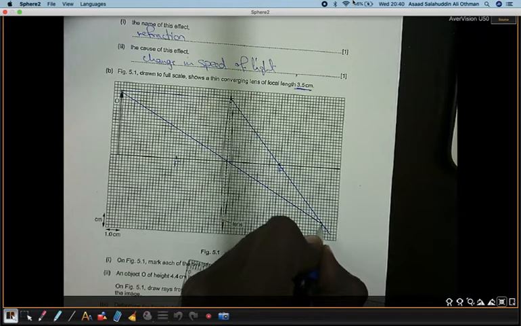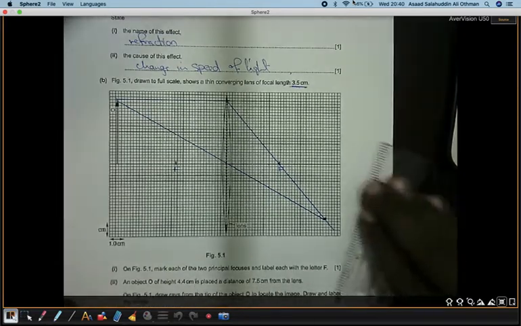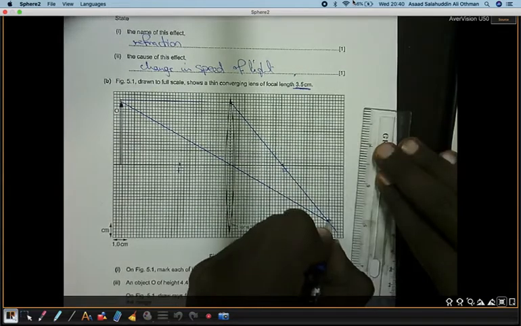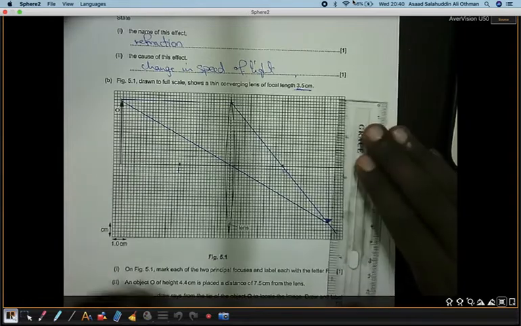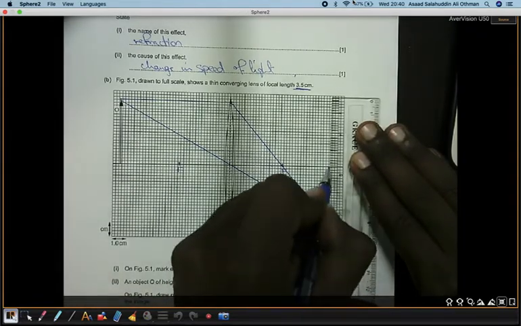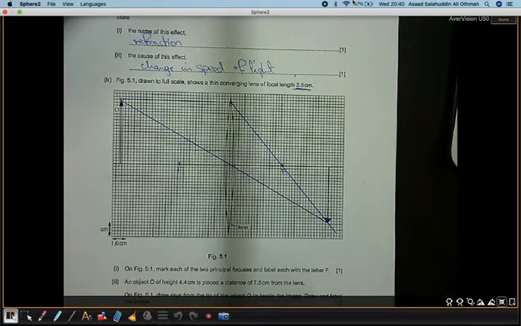Where the 2 rays meet, I think they meet up here, you have to draw your image. Looks something like that. Okay, and that's going to be my image. If you can't see it properly, I'm going to stress on this line a little bit so that you can see it properly. Okay, that's my image.